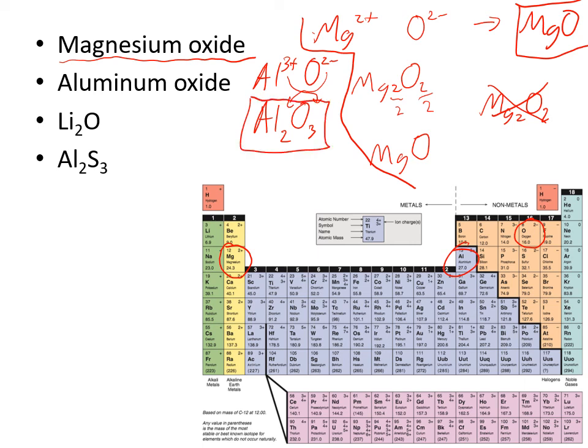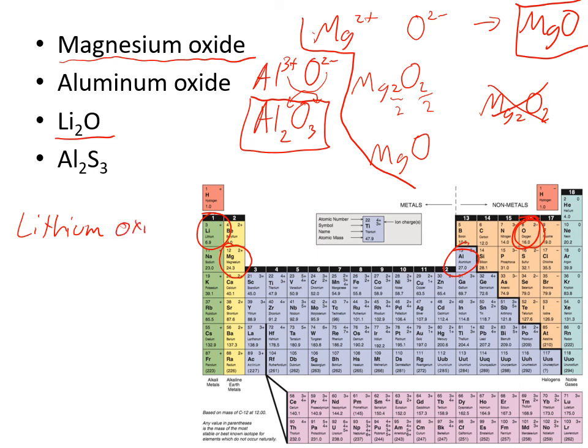Okay, now we have going the other way. When you have the formula and you need to make the name of it, you can pretty much just ignore all those numbers for these simple ones. So we have this one right here, which is Li, and I look up the name and it says it's lithium. So I'm going to write that right here, lithium. We have O again, which is oxygen, but we're going to change that to oxide because of the suffix.